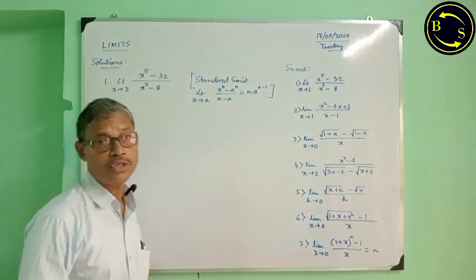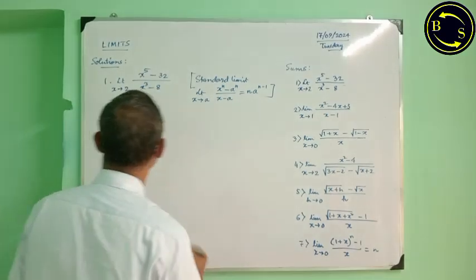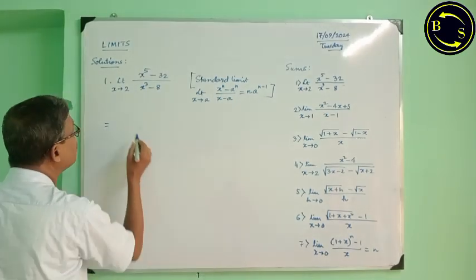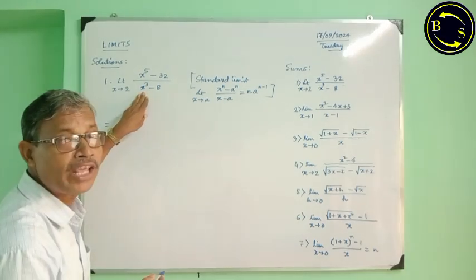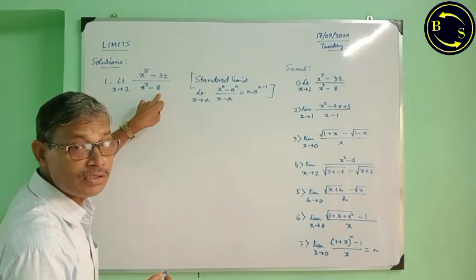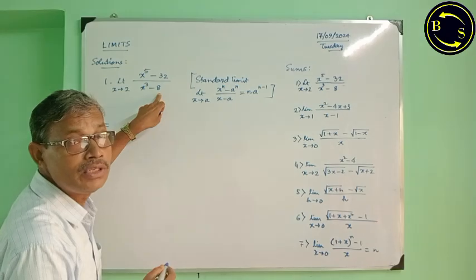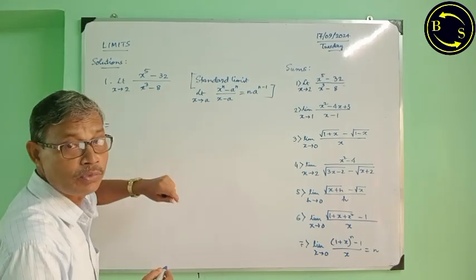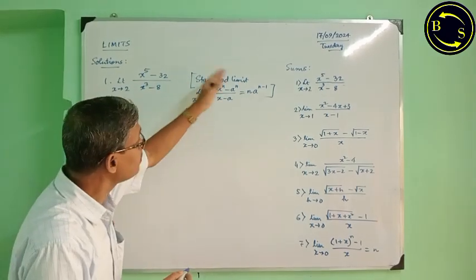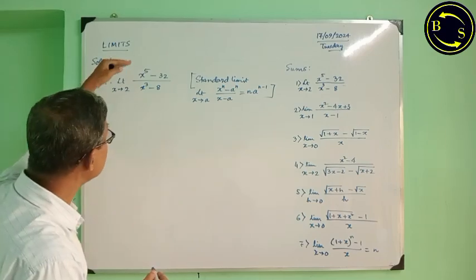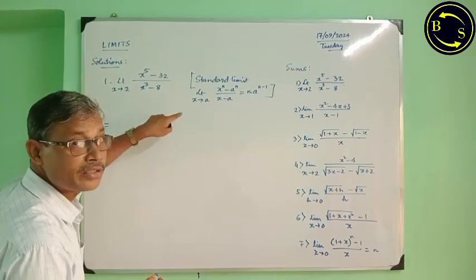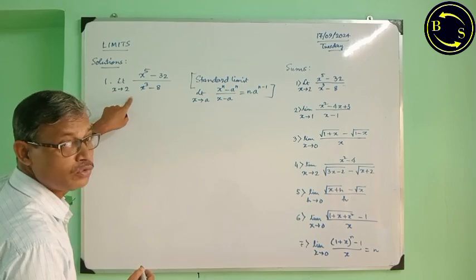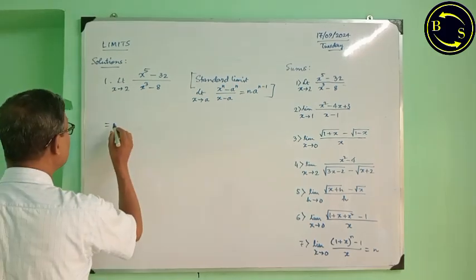This standard limit is to be used here, but the denominator is also of the form x to the power n minus a to the power n, 8 means 2 cube. To get the standard form, we first divide the numerator and denominator by x minus 2. Here we find x tends to 2, limit.